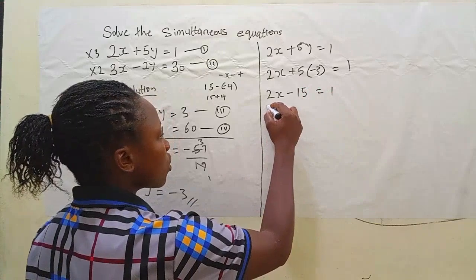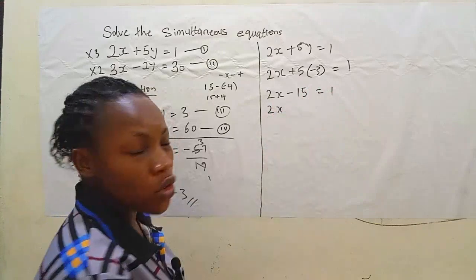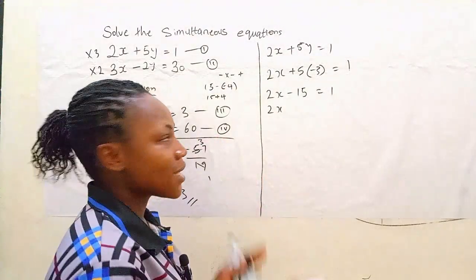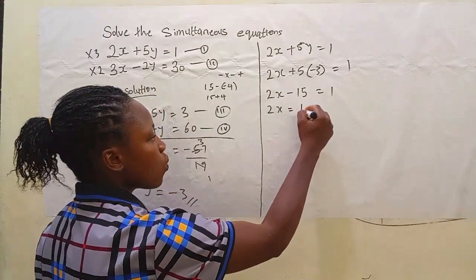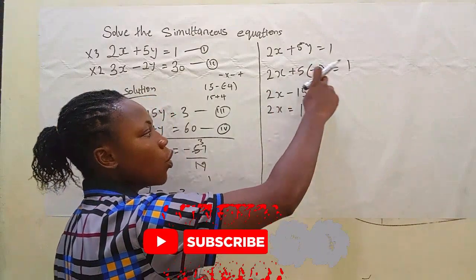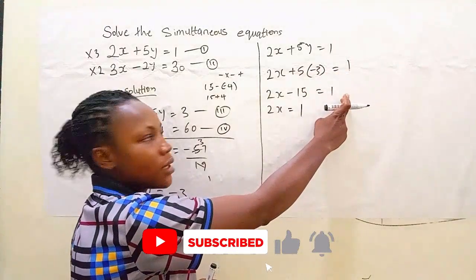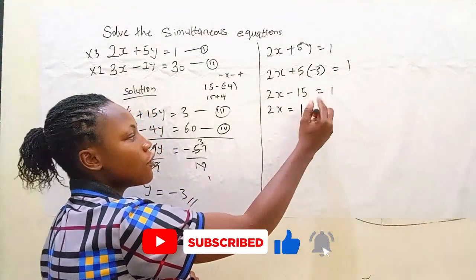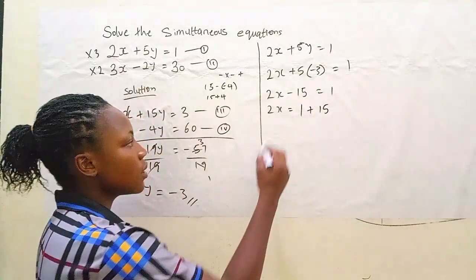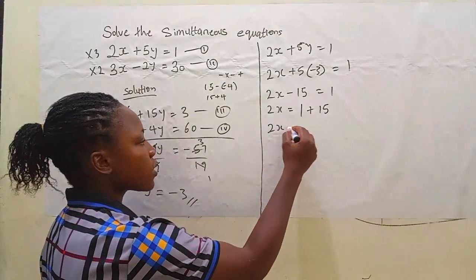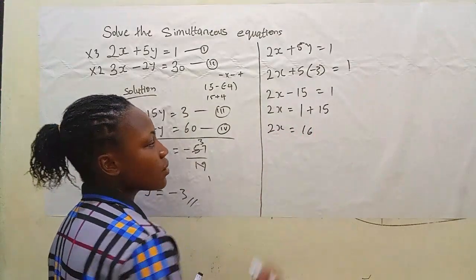So we are to collect like terms. Yeah, we have 2x equals to 1. This 15 will move to meet this one here, so we are going to have plus 15. We have 2x equals to 16.